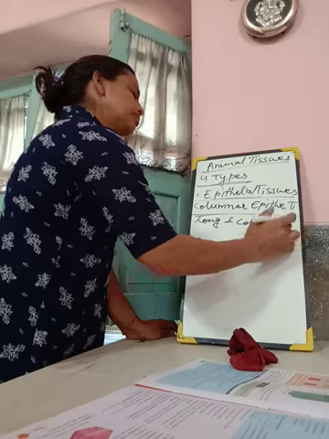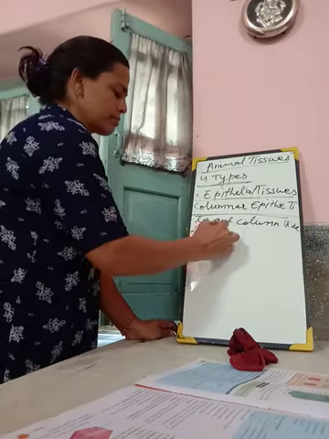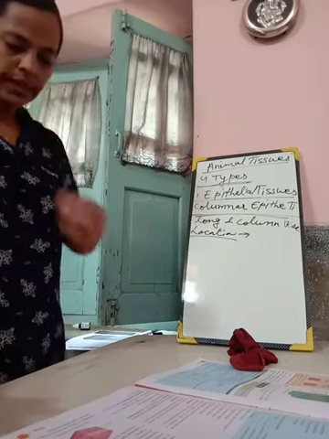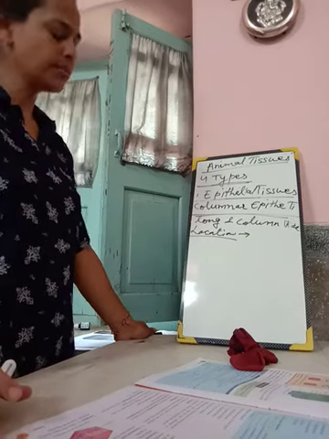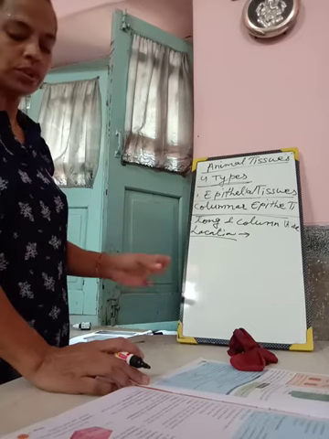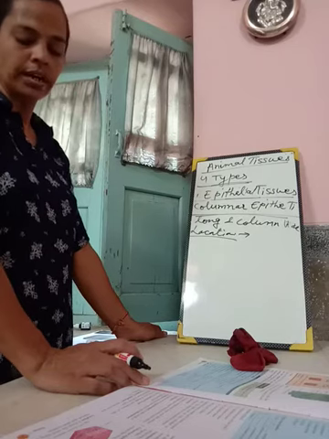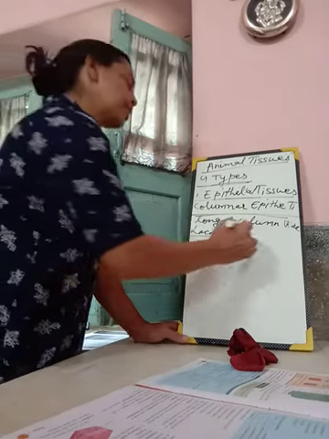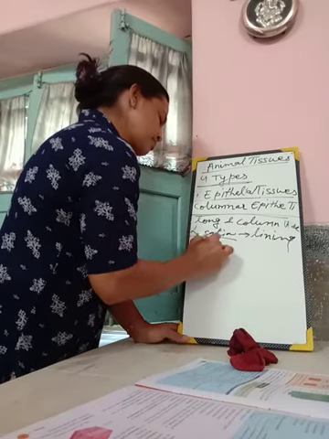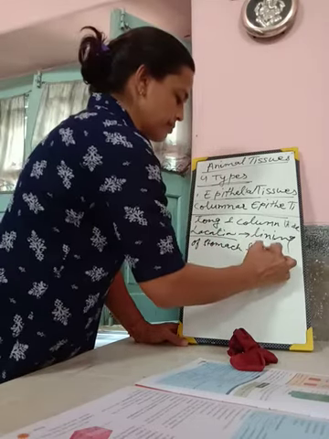Location: they form the inner lining of the stomach and intestine. Columnar epithelium tissue also forms the inner lining of organs, and here the organs are the stomach and small intestine.